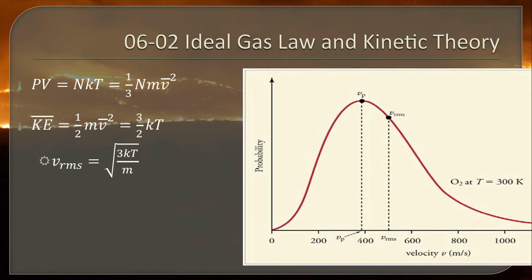If we solve that for v, we get our average speed of a molecule is the square root of 3kT over m. I'd like to point out T is in Kelvin, and m is the mass of one molecule.